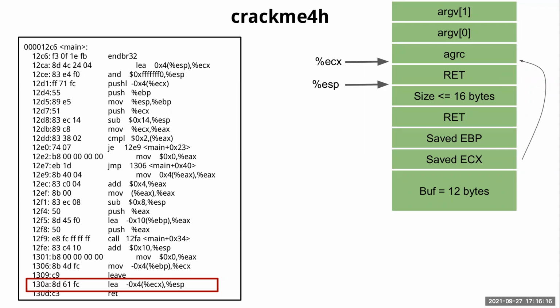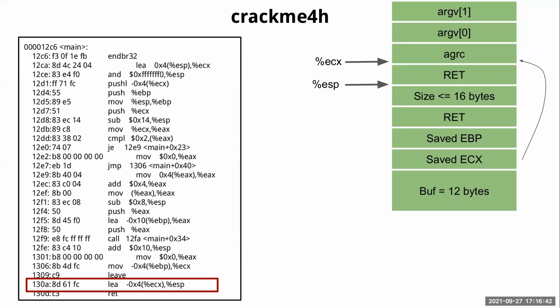However, the strange thing is the saved ECX. The saved ECX determines where the return address is, because you have that instruction ECX minus 4 moved to ESP.